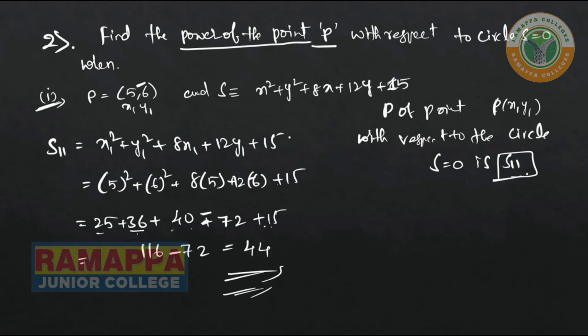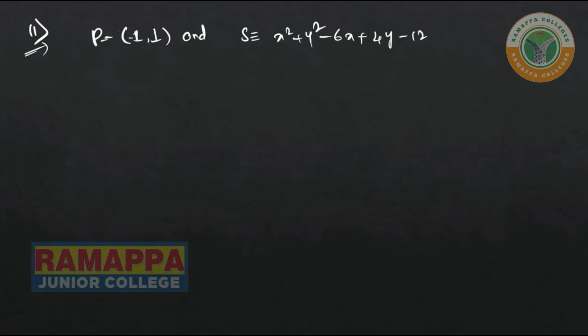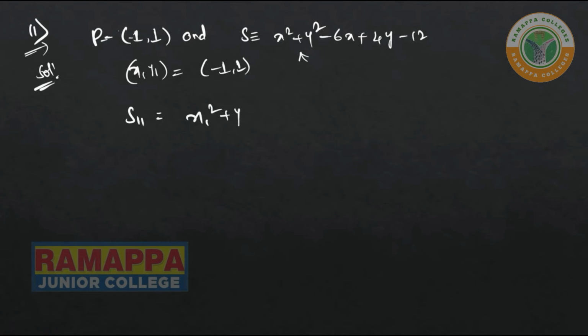Now the second one, we go for the second one. Here, second one solution. So P is given as x1 comma y1, where x1 comma y1 is equal to minus 1 comma 1. Here the given circle is this one, and now S11 is equal to x1 square plus y1 square minus 6x1 plus 4y1 minus 12.